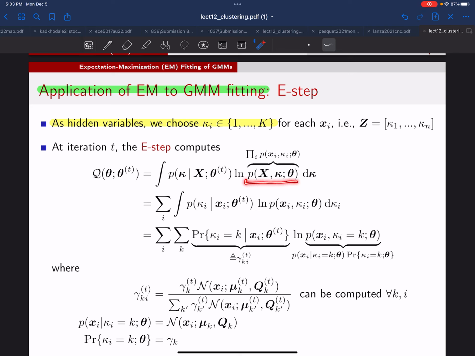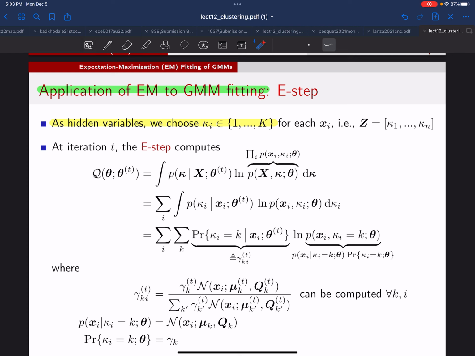So let's first take a look at this probability of x and kappa. This is where we can see the benefit of choosing this particular form for the hidden information. Under the assumption that the xi's are independently generated, this joint distribution separates into a product over your data samples i of these marginal distributions. Each one has the data sample xi and kappa i, which is the component membership for xi.